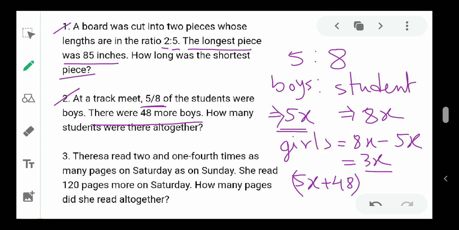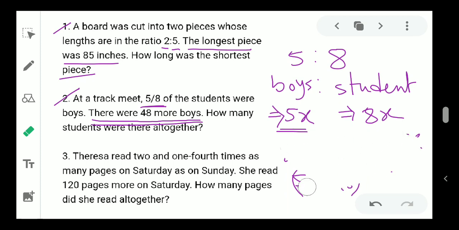I think the question would be: there were 48 more boys than girls. Then there will be some condition. The question was not clear, but let me do it that way.